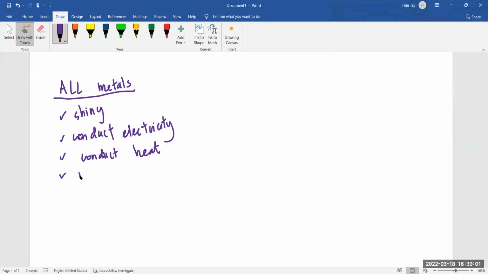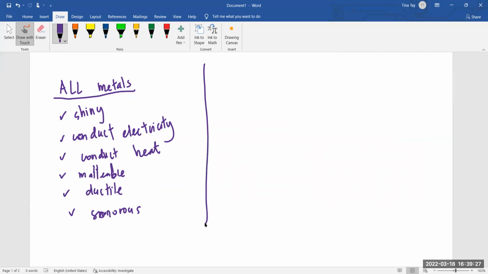All metals are malleable. Do you remember what malleable is? Malleable means when you hammer it, it can change shape. All metals are ductile. All metals are sonorous. Ductile means it can be drawn into a wire. Sonorous means when you hit it, it has a clanging sound.